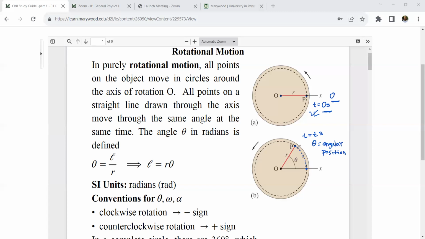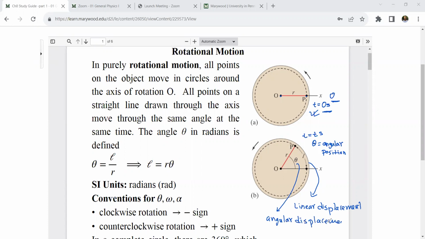Here this L, the arc length, is basically the linear displacement, because this is the change in the position, and this theta is the angular displacement.